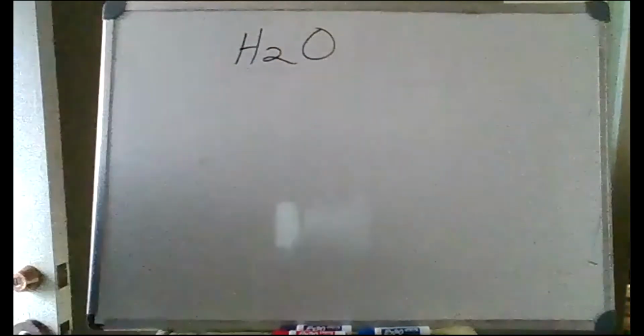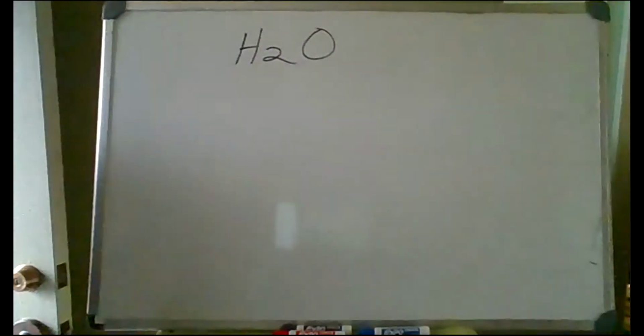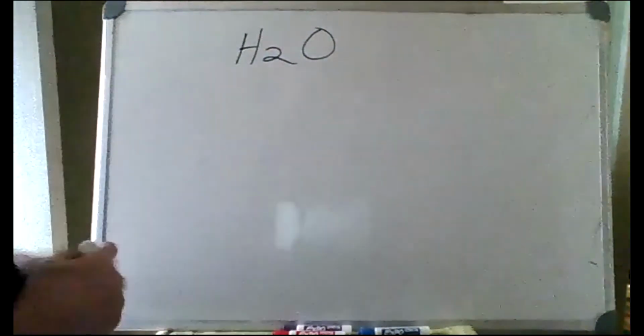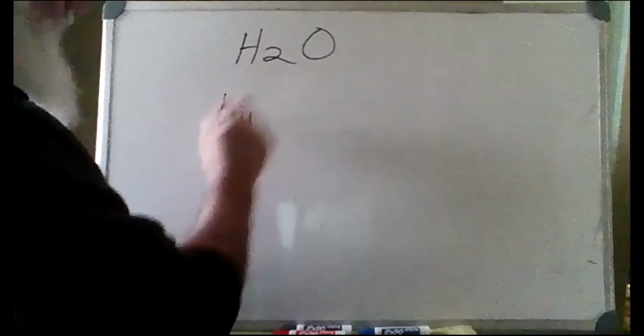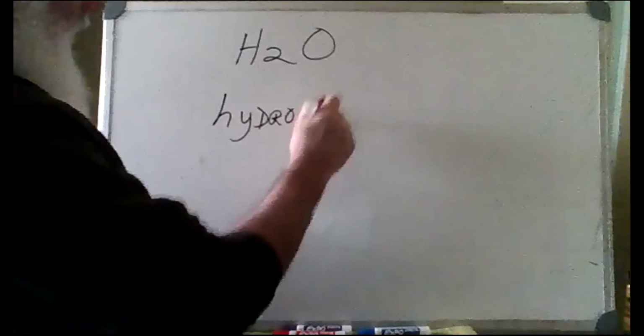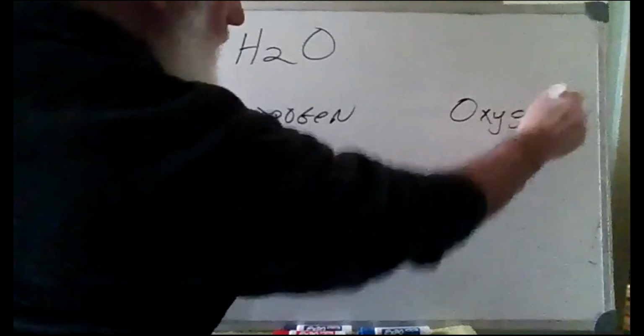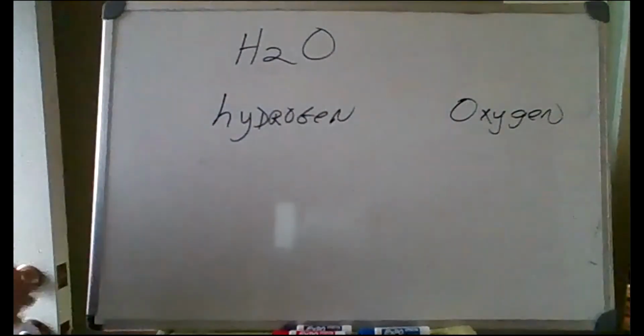Now, let's look at, for example, water, H2O. We all know that that's water. But let's come up with a name for it using the rules that we just went over. We write down the names of the elements: hydrogen, and I'm going to leave room for a prefix here, oxygen. That's rule number 1.